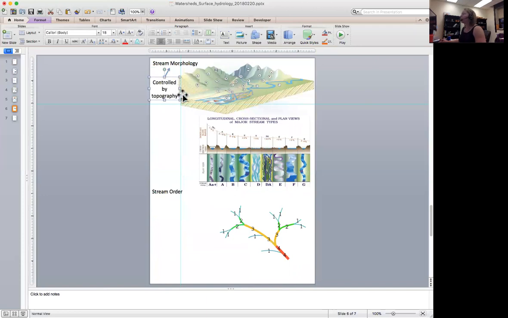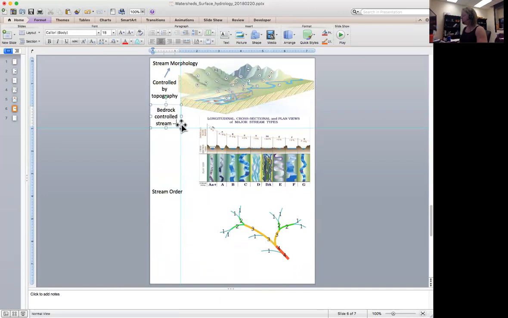All right. So we have streams that are controlled by bedrock. So we'll say bedrock controlled streams.